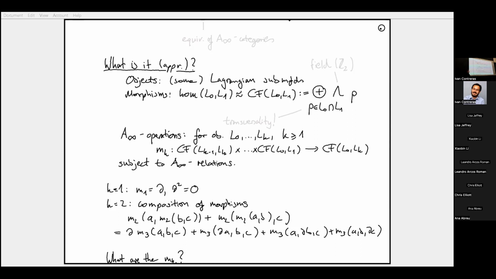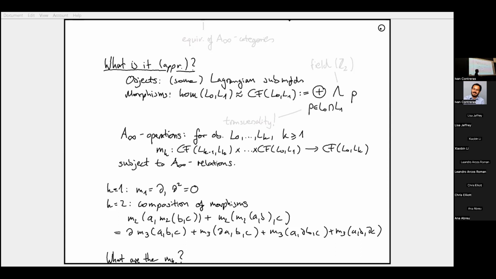These infinitely many operations are subject to what's called the A-infinity relations. Let's look at what these are in low degrees. First of all, for m1, the operation that only takes one morphism as an argument and spits out another one in the same morphism space, the A-infinity relation is simply that this squares to 0.